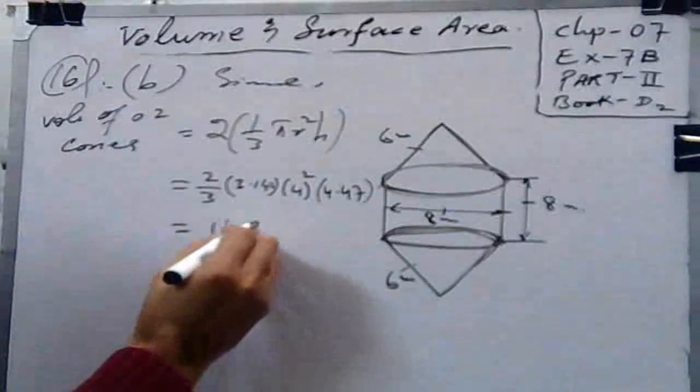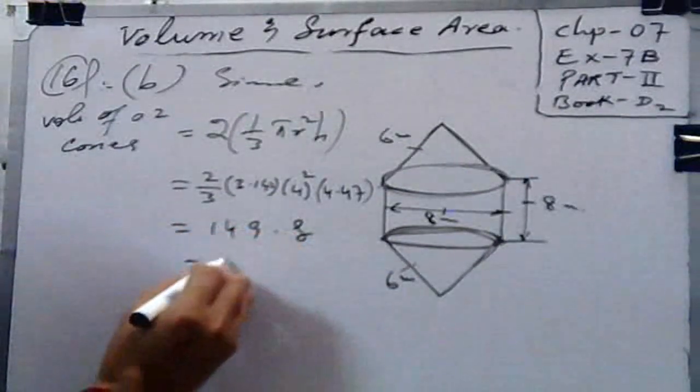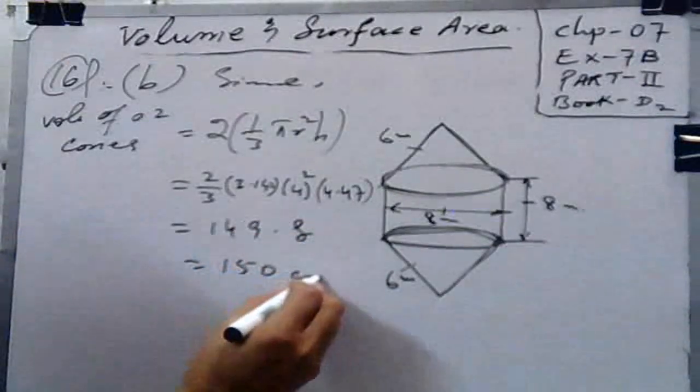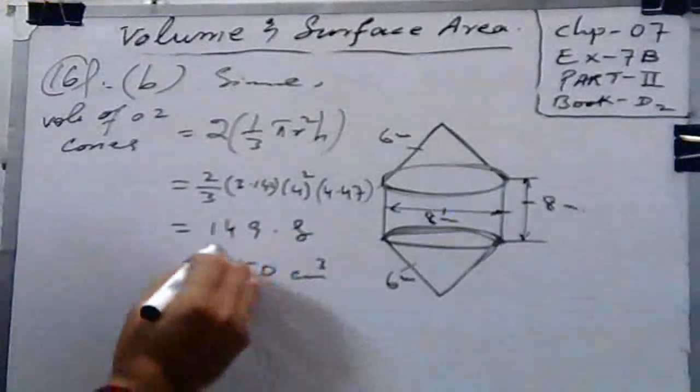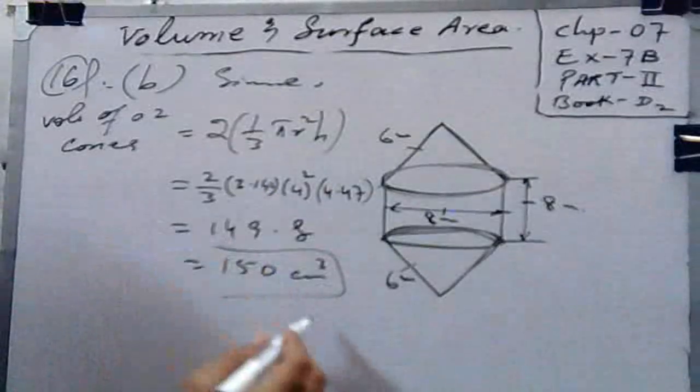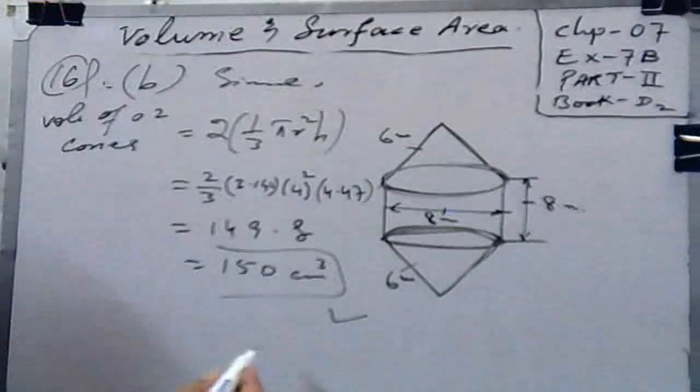After simplification you will get 149.8, so 150 by rounding, meter cube. So that is your volume of the cones.